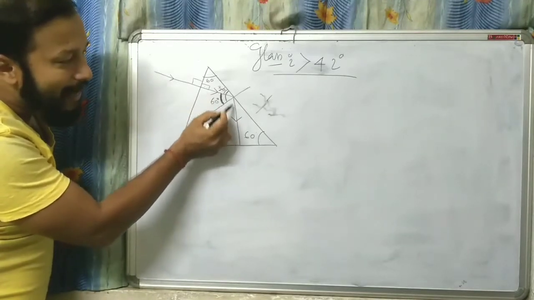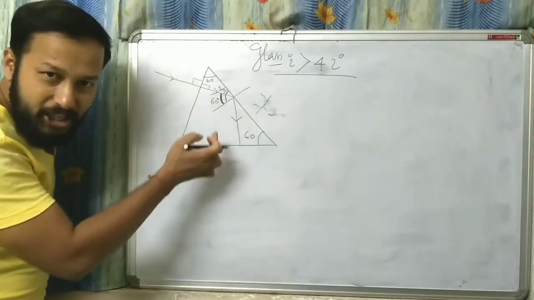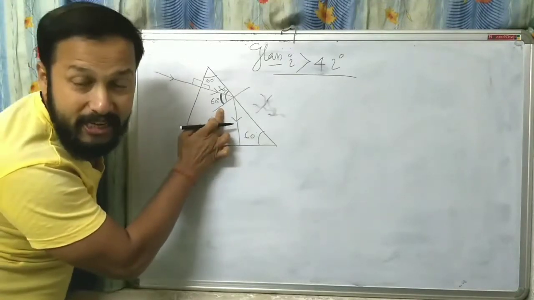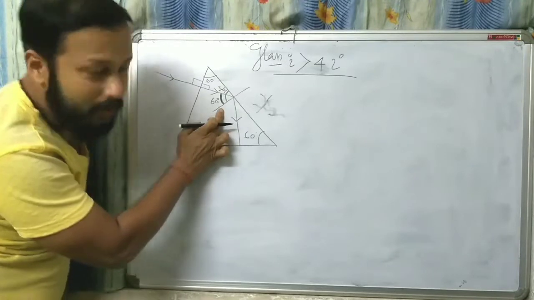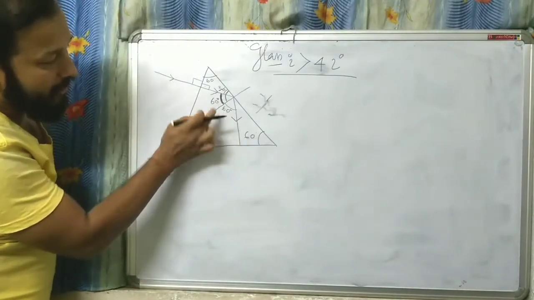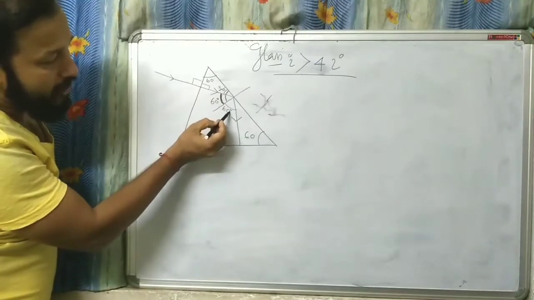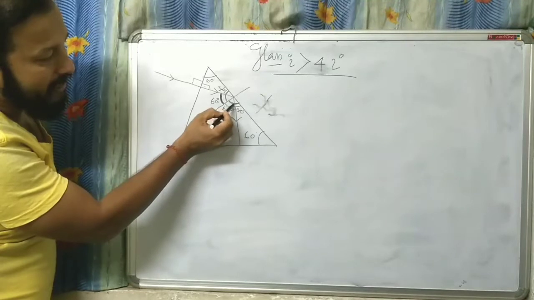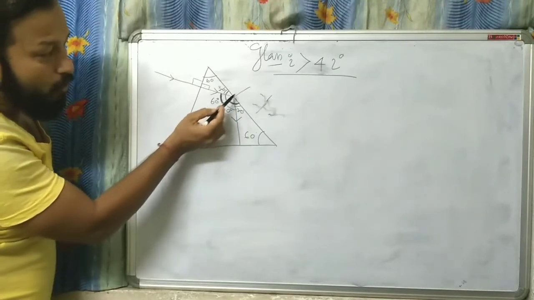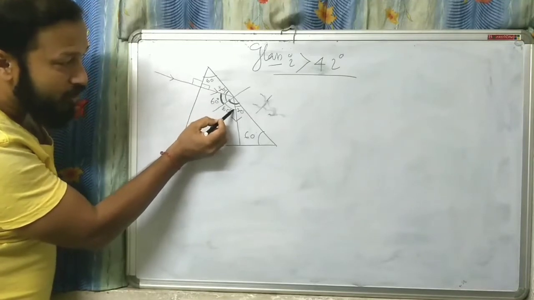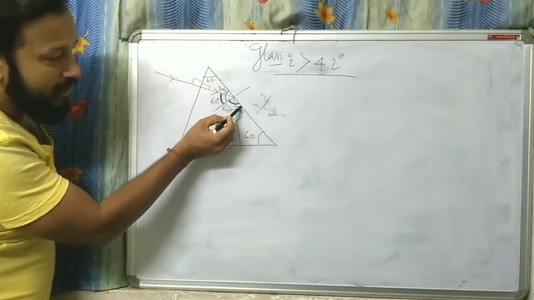Since it is the case of reflection, and in reflection we know that the angle of incidence and the angle of reflection are equal, so both are 60 degrees. So this is 60, and this much is 30, because the total with the normal is 90 degrees.